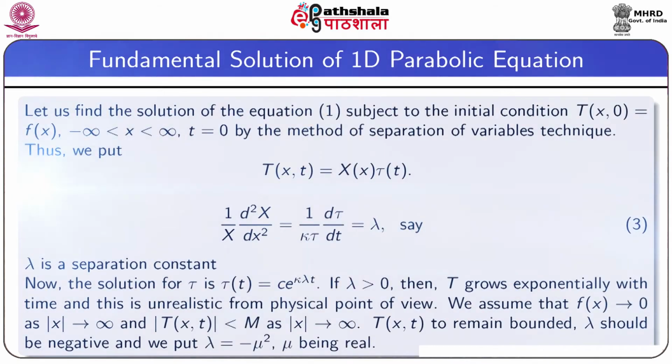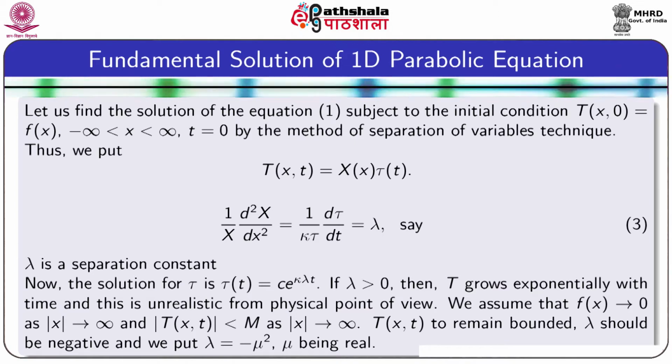Now, we want to find solution of equation 1 together with the initial condition T(x,0) equals f(x). For that purpose, we are using separation of variables technique. So, we put capital T equals capital X into capital tau.